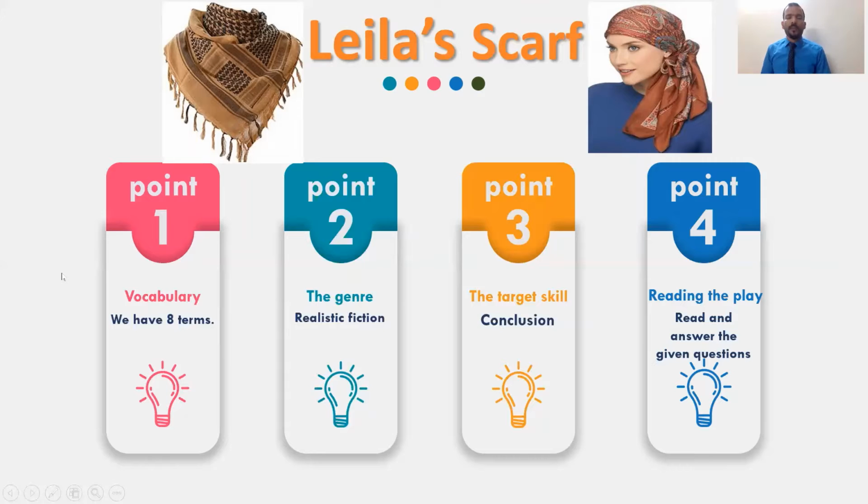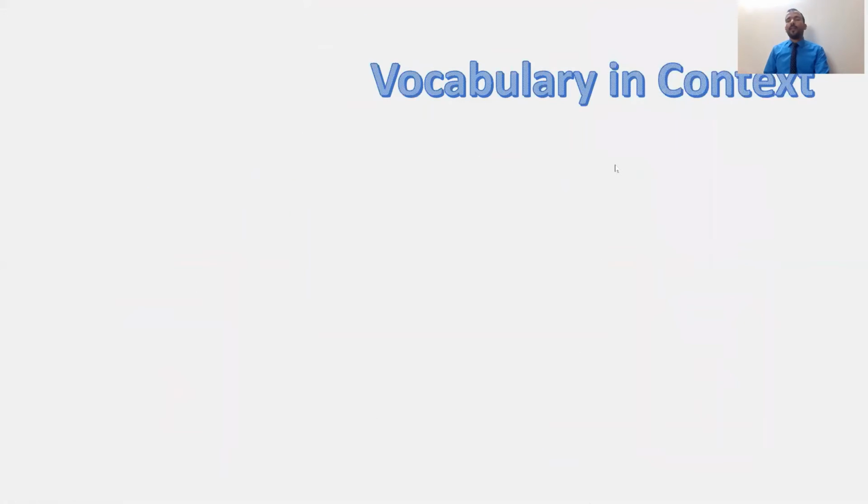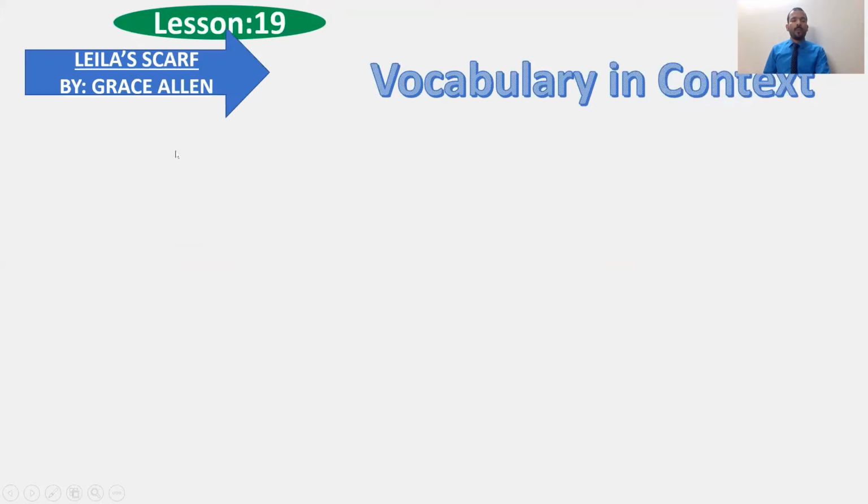Now let's start with the first point, which is vocabulary and context, pages 222, 223. Number 1, you will find yarn. Number 2, strands. Number 3, spinning. Number 4, dye.